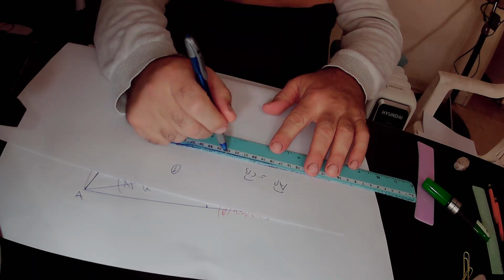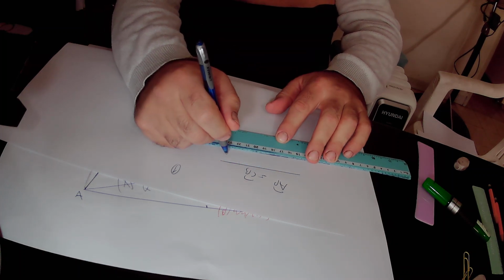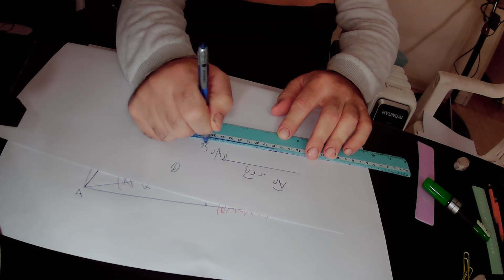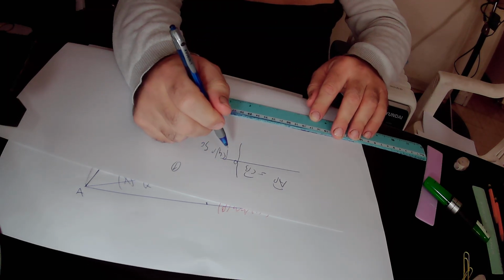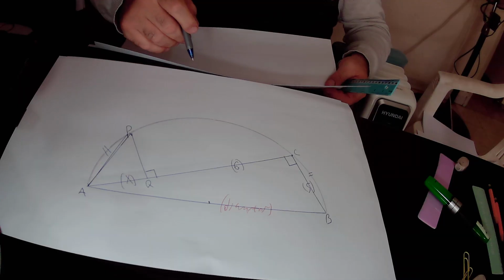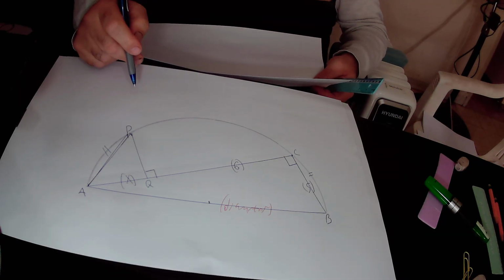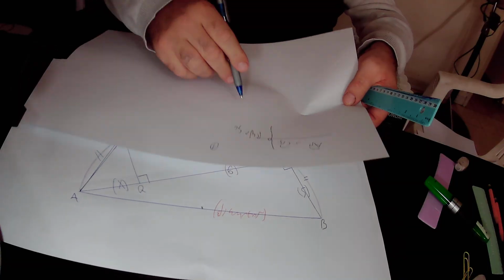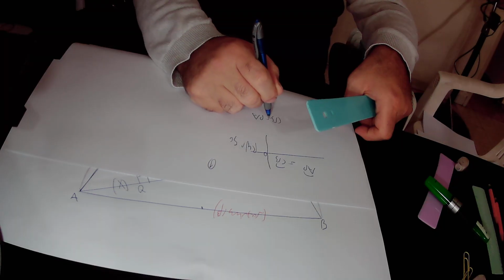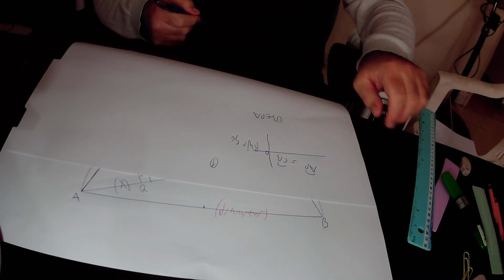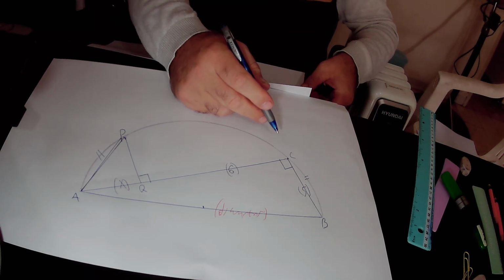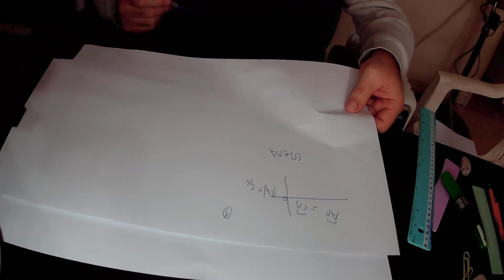So according to rule 56, chord CB equals chord PA. But it is given in the question that this is chord CB and it equals 5 units in its length. So you can write here that CB equals 5.